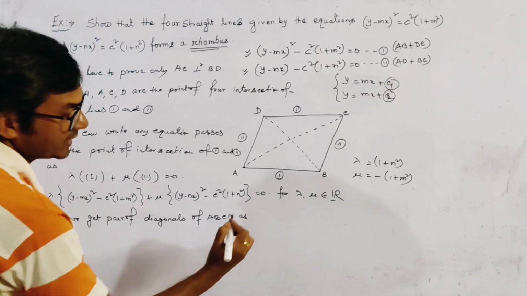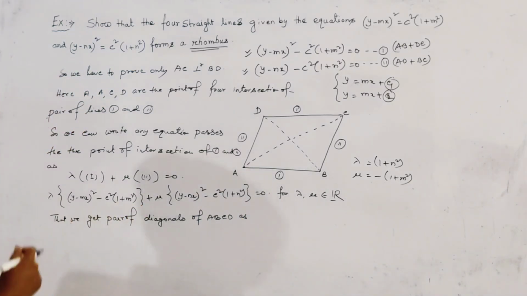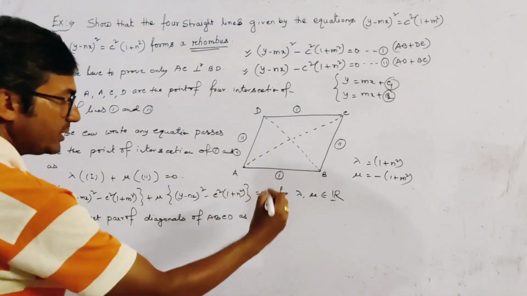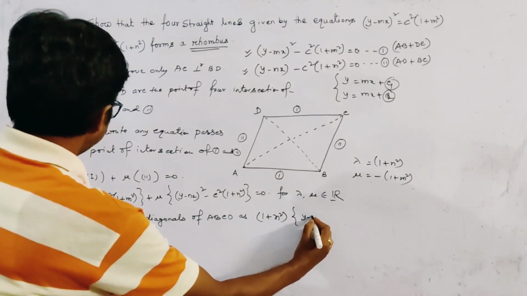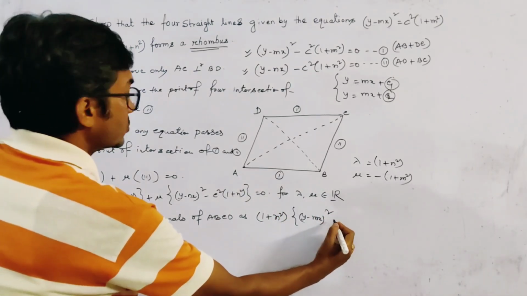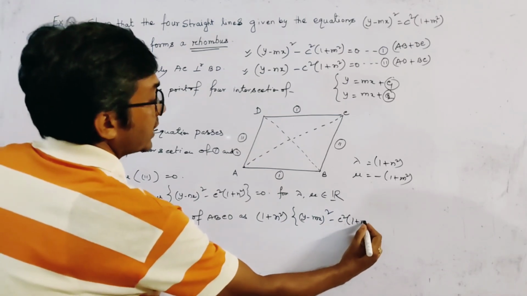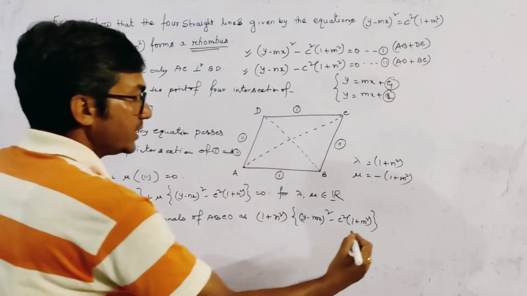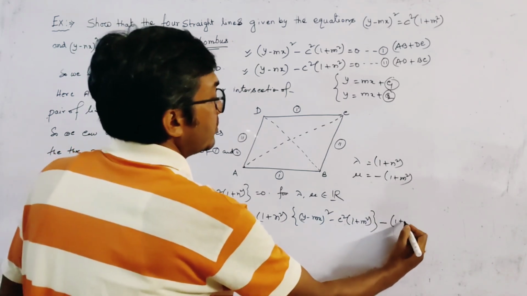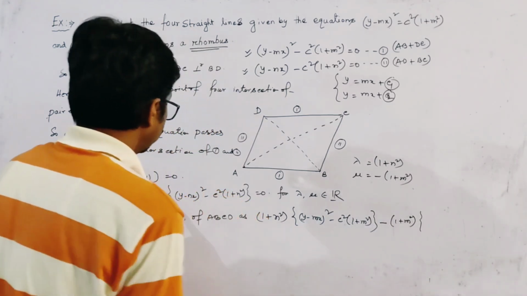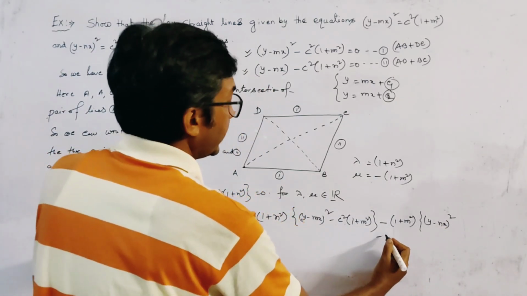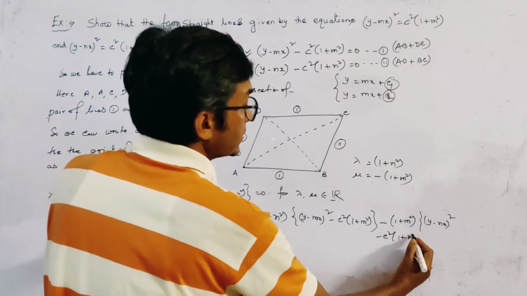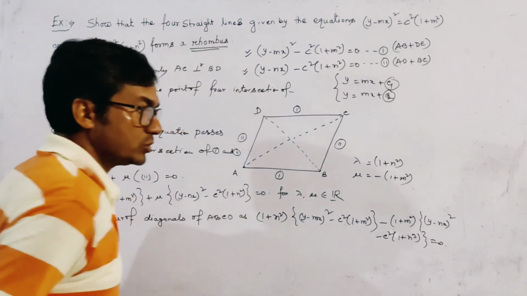What is the pair of diagonals of ABCD, which are AC and BD? It can be written, putting lambda as 1 plus n square, as (1 plus n square) into (y minus mx) whole square minus c square into (1 plus m square), minus (1 plus m square) into (y minus nx) whole square minus c square into (1 plus n square), equal to 0.